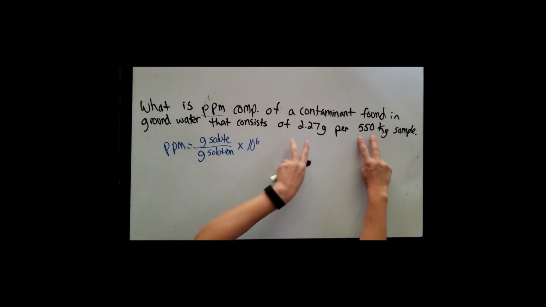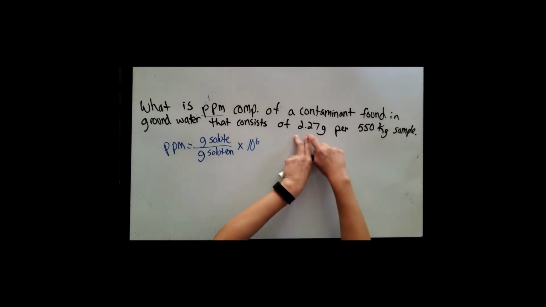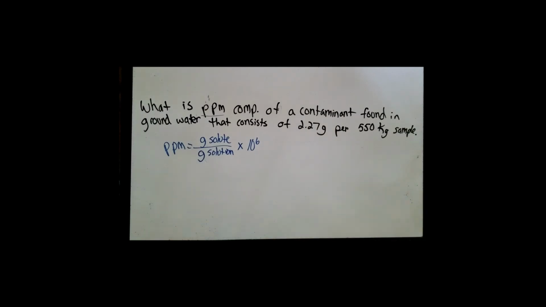What's the smaller number here? 2.27, so that's my solute, and it's in grams like it says here. So let's plug that in: 2.27 grams. Now on the bottom I need grams of solution, so the other number given to me is 550.